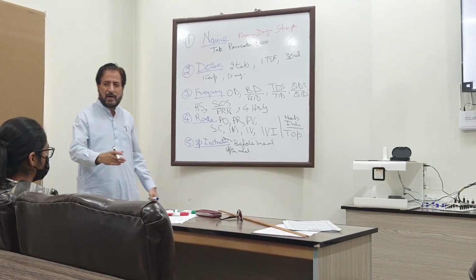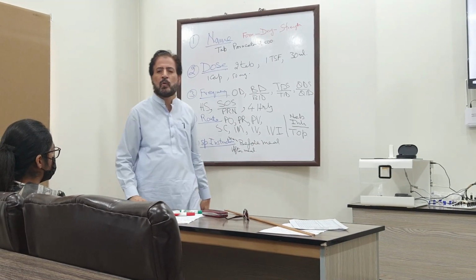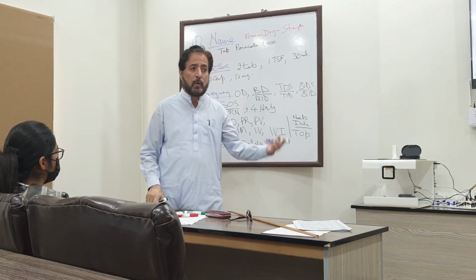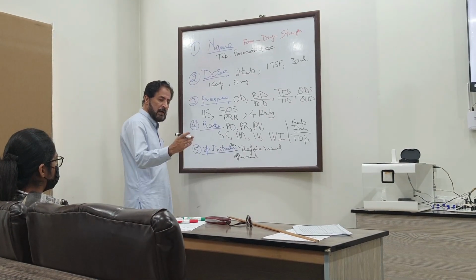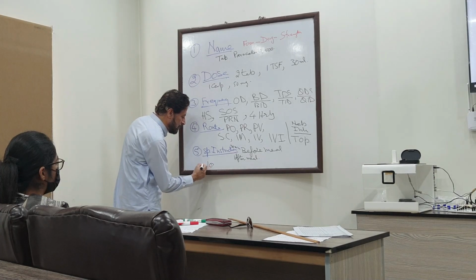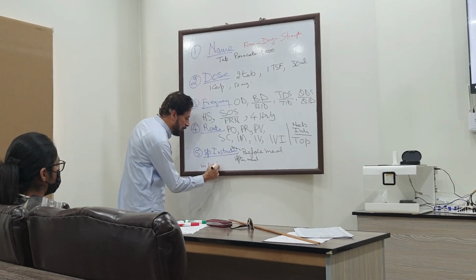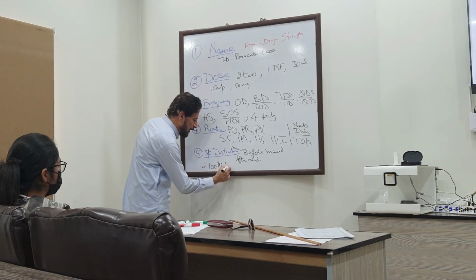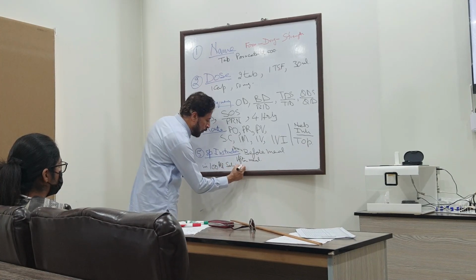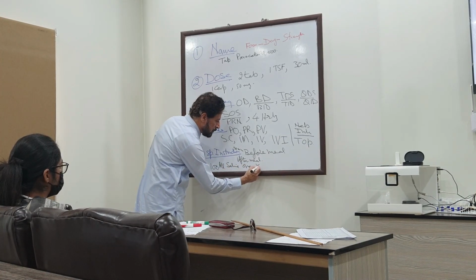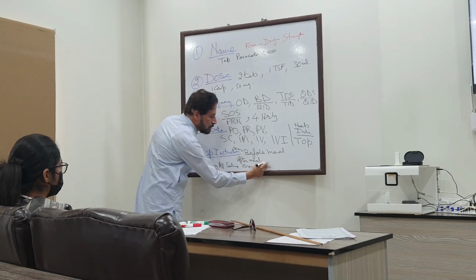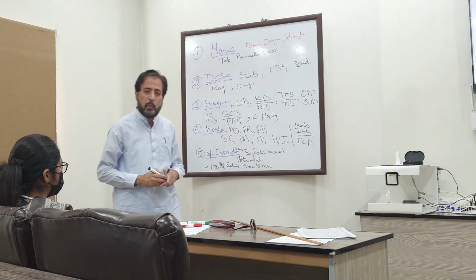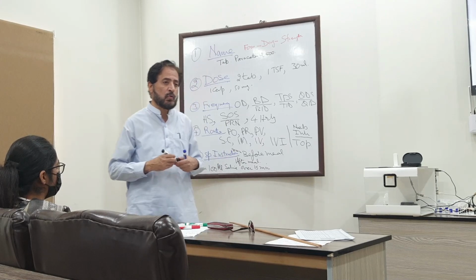Or for example, if there is a medicine that you want to give in an infusion, you can write that, okay, dilute it and give in 100 ml saline over 15 minutes. So these are various instructions that need to go on.